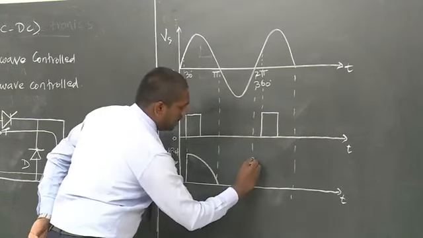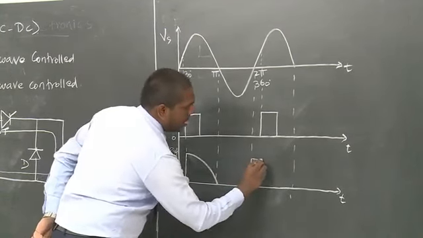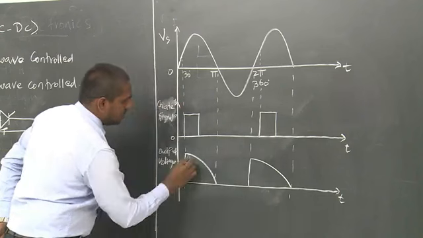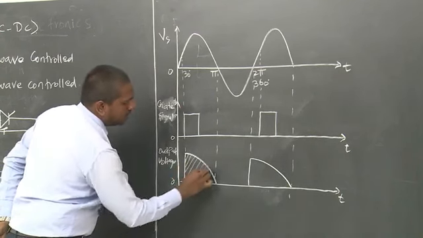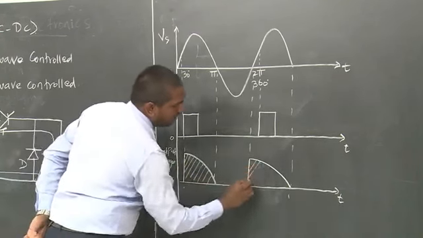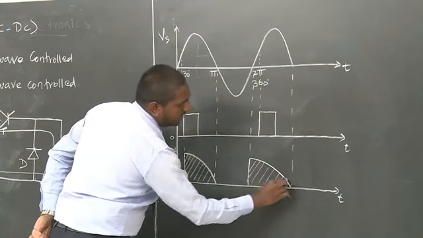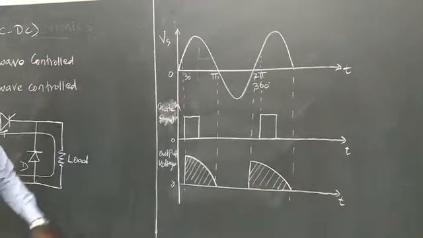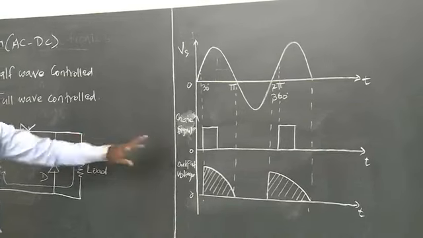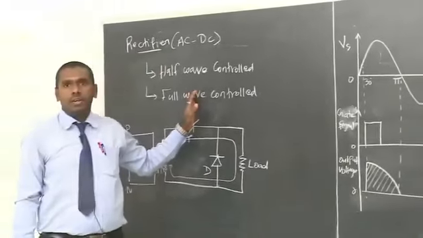Similarly for this end. So this is our output voltage. The output voltage operates only in the positive region. So this is the output waveform for your half wave controlled rectifier.